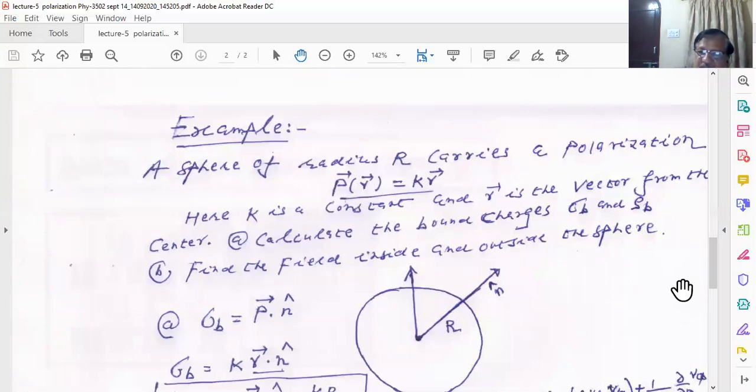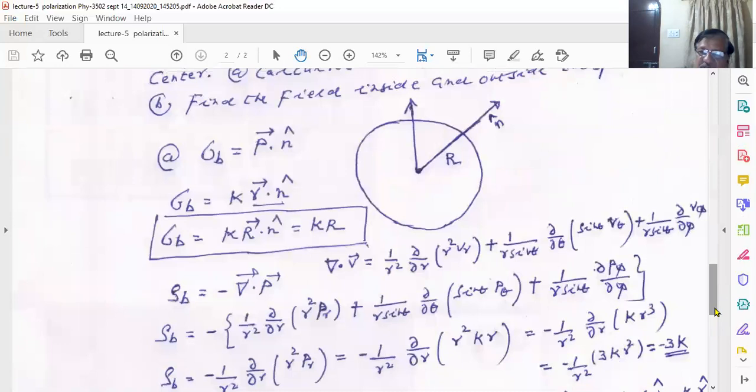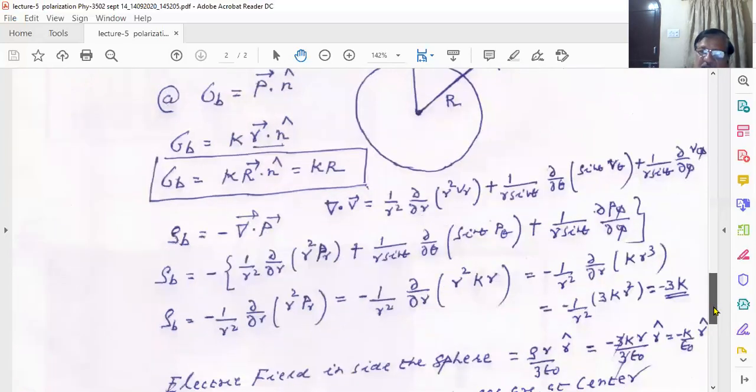So the second and third terms of the divergence will vanish, because our polarization P is only r dependent. It does not depend upon theta, and it does not depend upon phi. So the second term will disappear, and the third term will disappear.